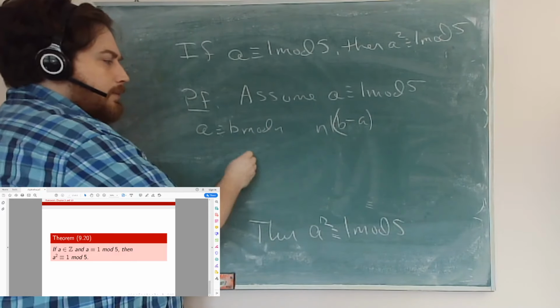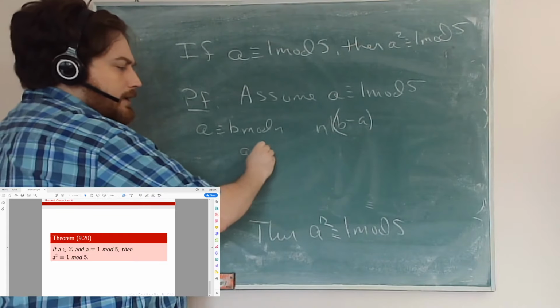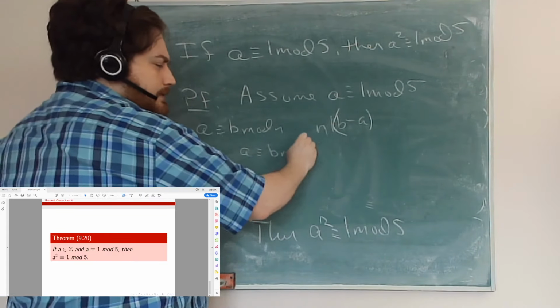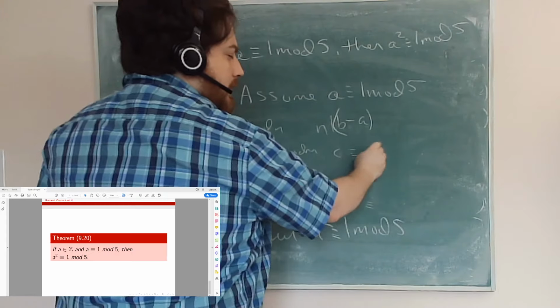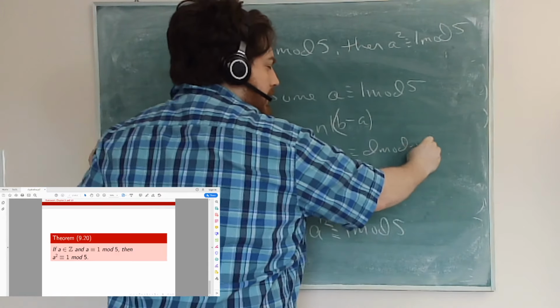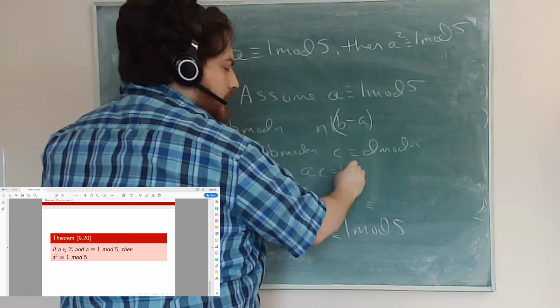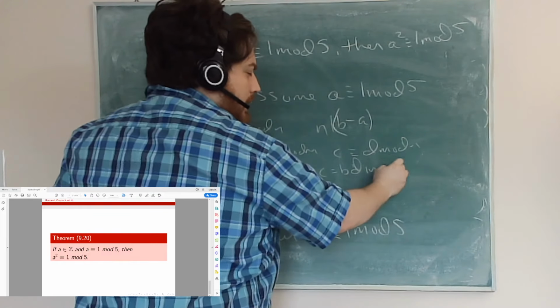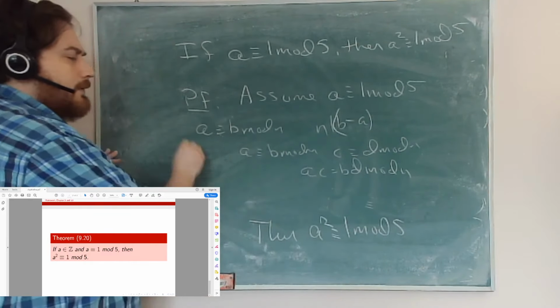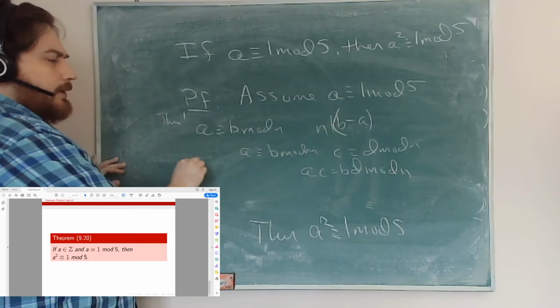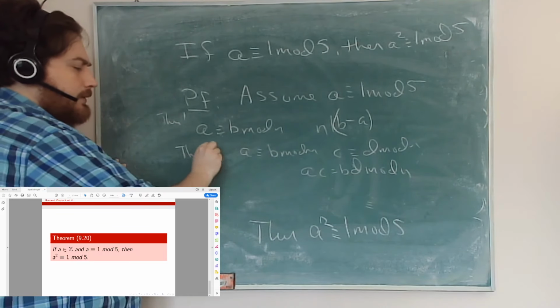Another thing that we proved was that if a is congruent to b mod n, and c is congruent to d mod n, then ac is congruent to bd mod n. These are both theorems that we proved last time, so this we'll call theorem 1, and this we'll call theorem 2.